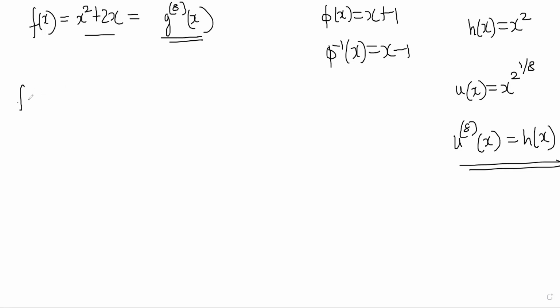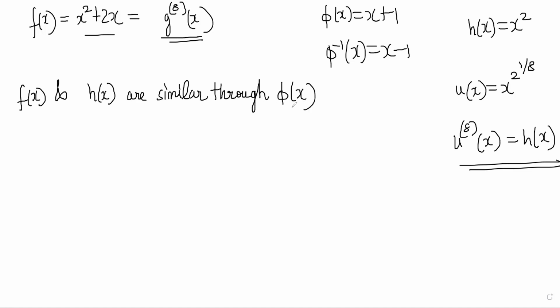So we can say that f of x and h of x are similar through phi of x. Why? Because we can verify that phi of f of x is equal to h of phi of x. What is phi of f of x?